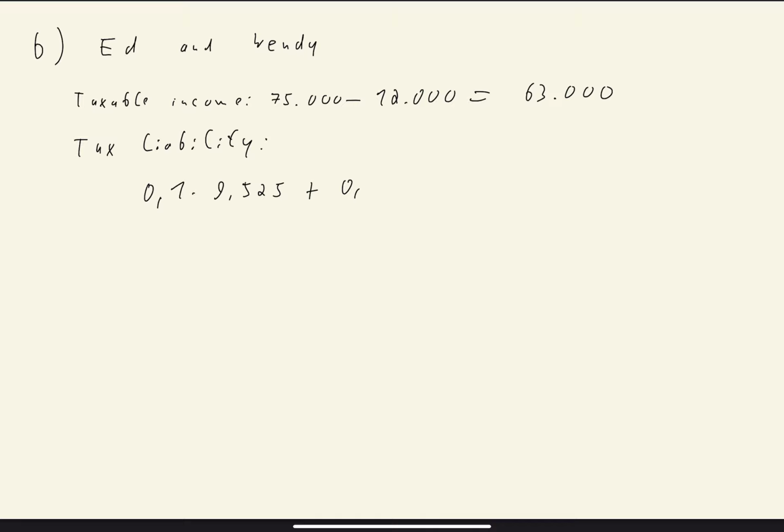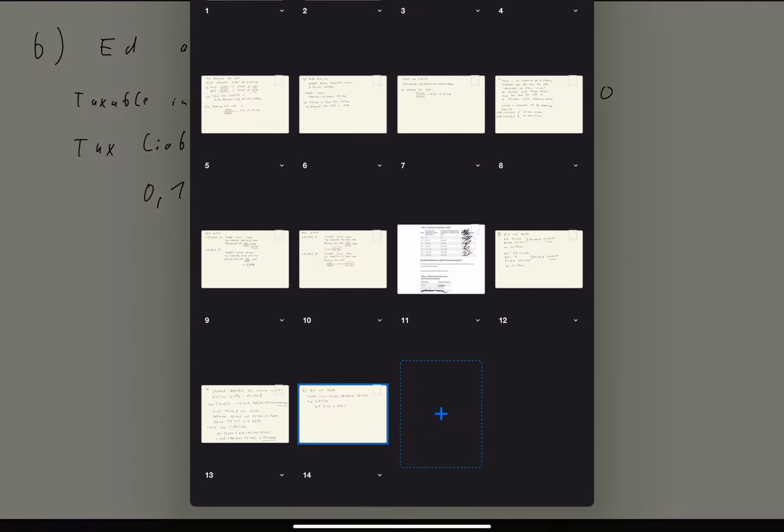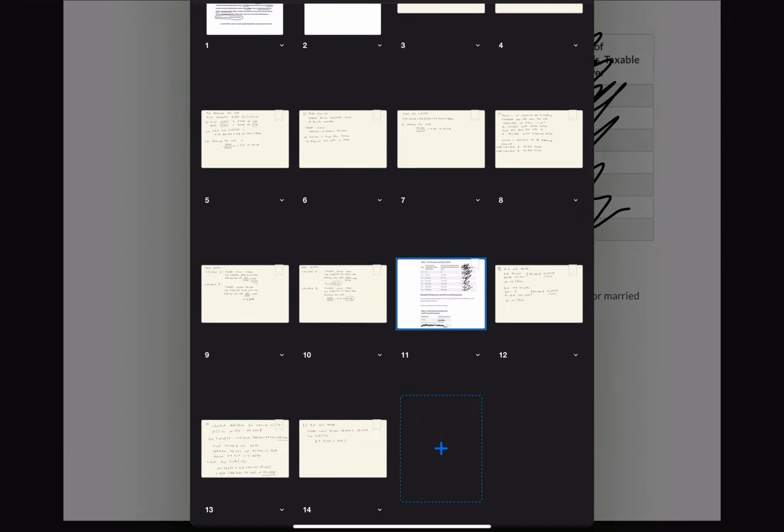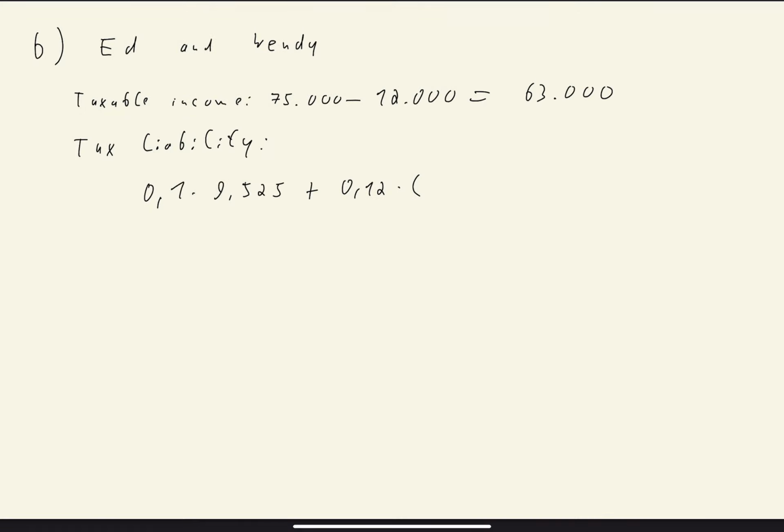So it's 0.12 times, let me just check whether this is correct. Yes, this is correct. So 0.12 times 38,700 minus 9,525. So this is everything which is in between those two boundaries.